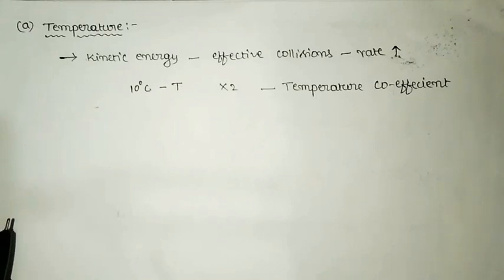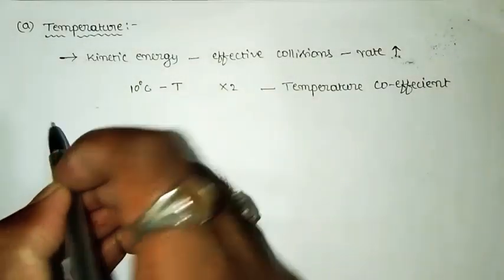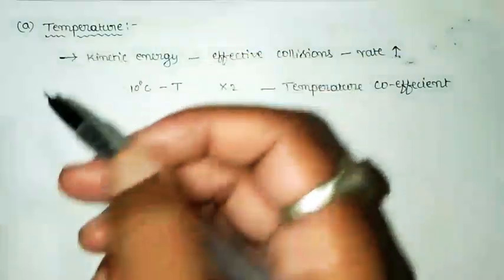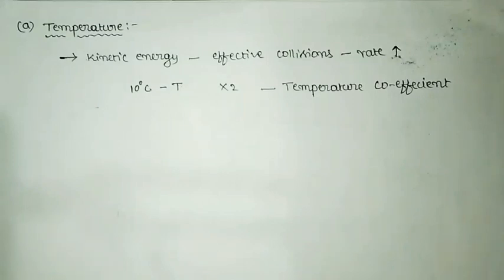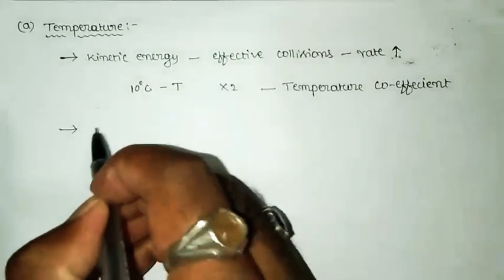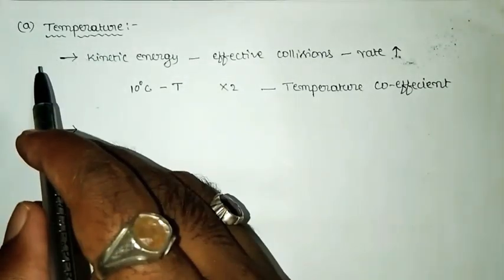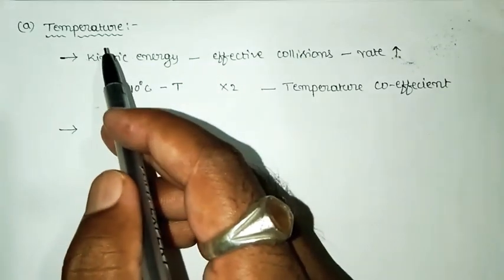enzyme catalyzed reaction. The reason for that is, when the temperature goes beyond a certain temperature with respect to a particular enzyme, we know that the enzyme mainly consists of the protein part, which we call the apoenzyme.